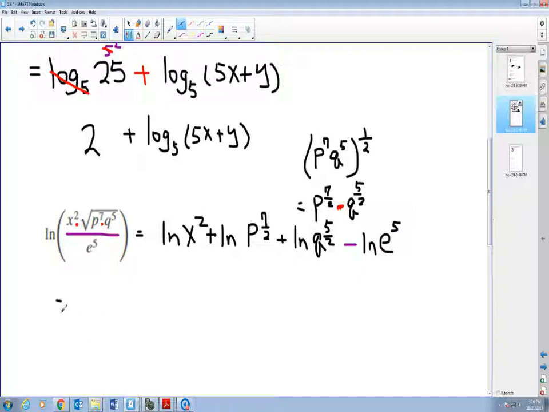Now with all these exponents on top of my bases, I can move them all to the front of every term.